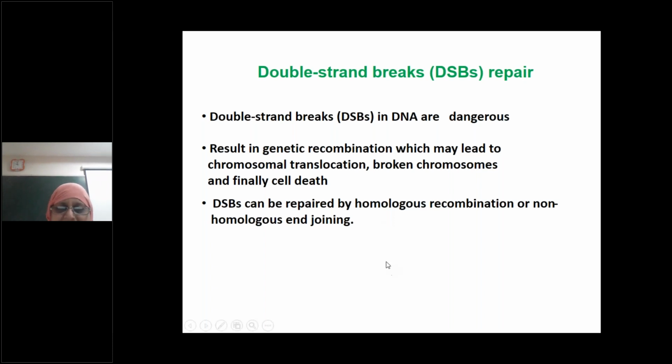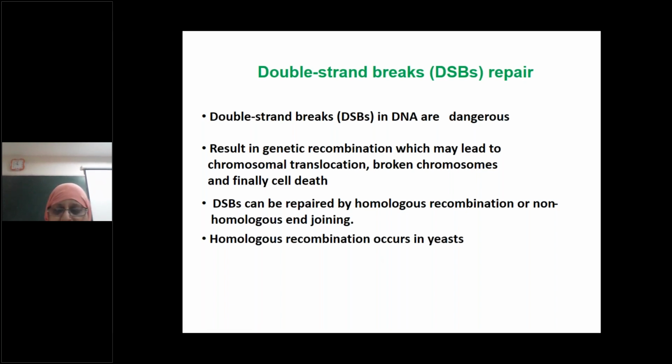And how can this repair occur? Double-stranded breaks can be repaired by homologous recombination or by non-homologous end joining. As we have seen in the beginning of the class, what is homologous recombination and non-homologous end joining? The same mechanism operates over here in the case of double-stranded break repair.